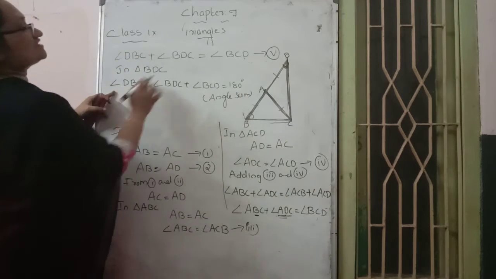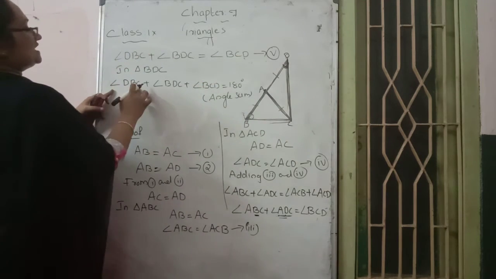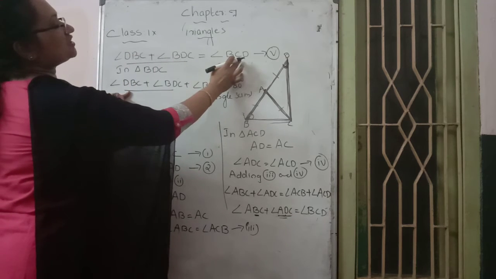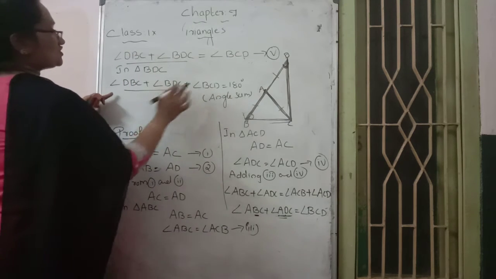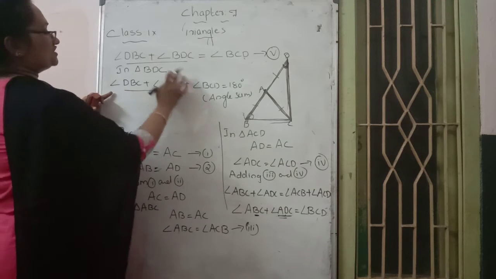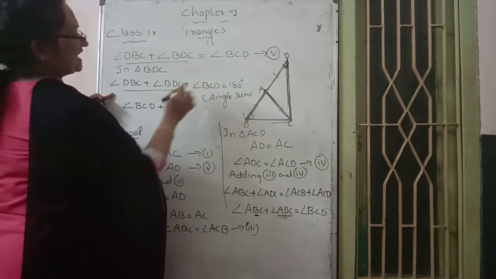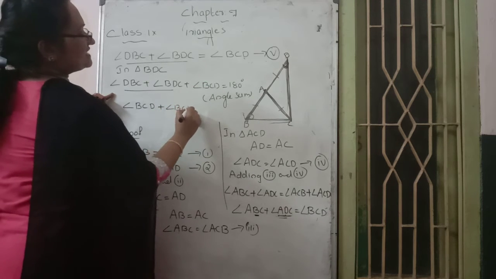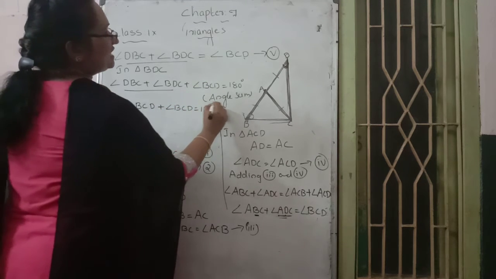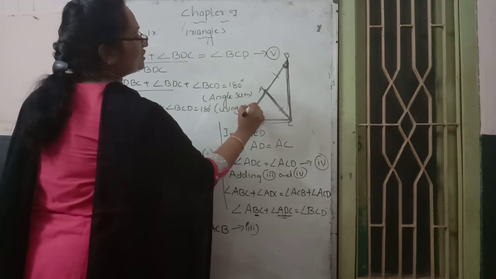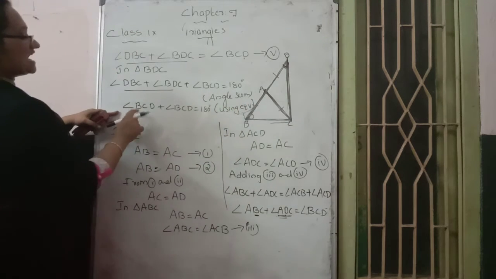Then look at the fifth equation: DBC plus BDC, both are equal to which angle? Using the fifth equation, instead of this we can write BCD, plus the other BCD that is already there, equal to 180. Using equation 5, we get angle BCD.